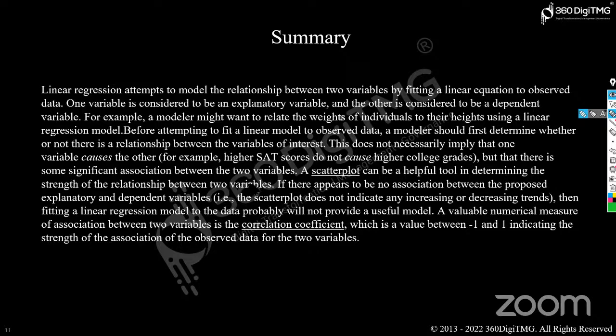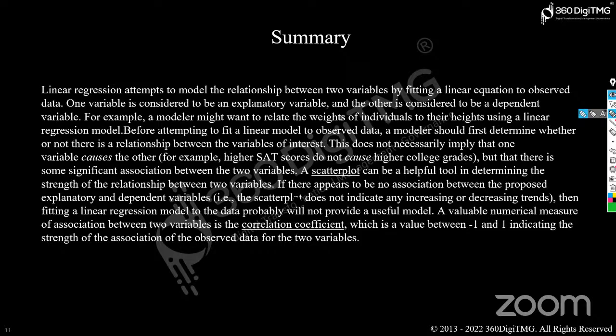If there appears to be no association between the proposed explanatory and dependent variable, that is the independent and dependent variable, and the scatter plot does not indicate any increasing or decreasing trend, then fitting a linear regression model to the data probably will not provide a useful model.